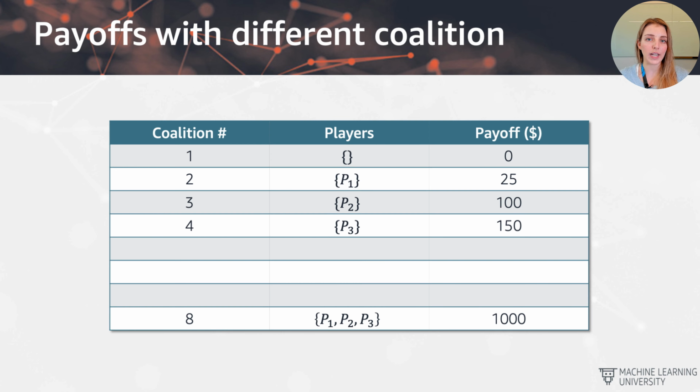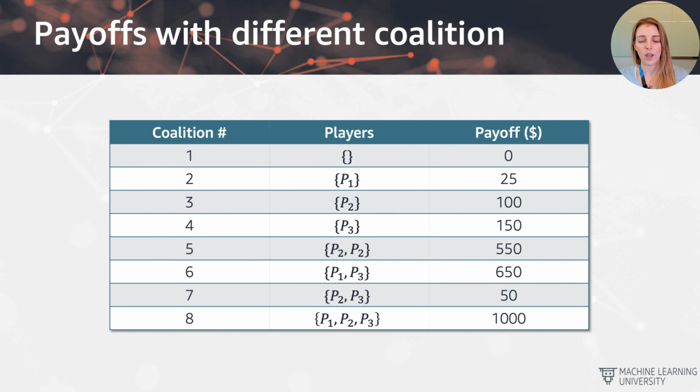And then we have the values in between, where obviously each player individually could be playing the game. So player 1 playing by themselves would get a payoff of $25. Player 2 and player 3 seem to have skills that better match the game, so they can earn $100 and $150 respectively. And now we can start forming coalitions in between players as well.